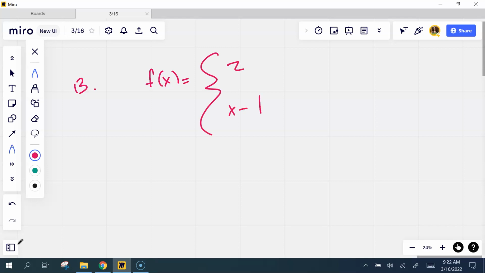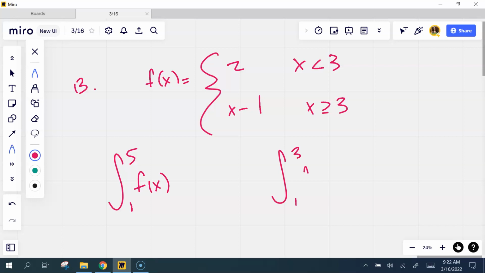2x minus 1. So this was just, did you understand that you could split the integral up? X is greater than or equal to 3. So I did from 1, because it asked you from 1 to 5. So I did from 1 to 3, because that would use this function.